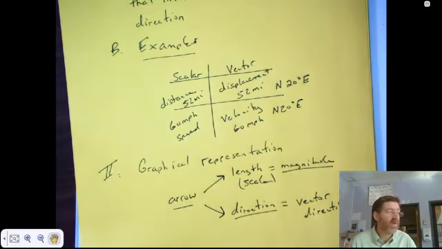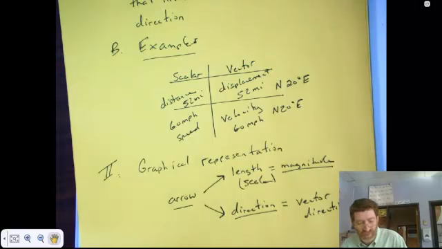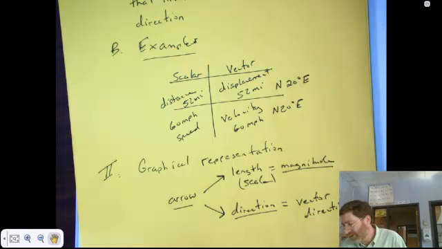And of course, having those components allows me to make right triangles and do some different things with that. So part of your next assignment will just be drawing vectors.